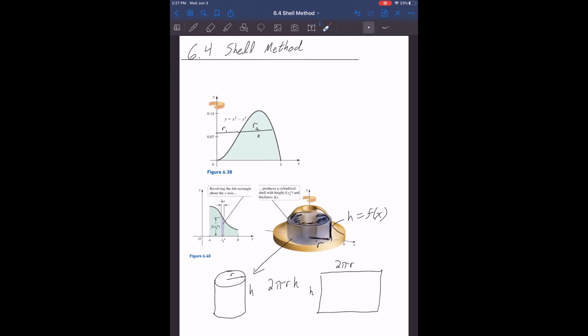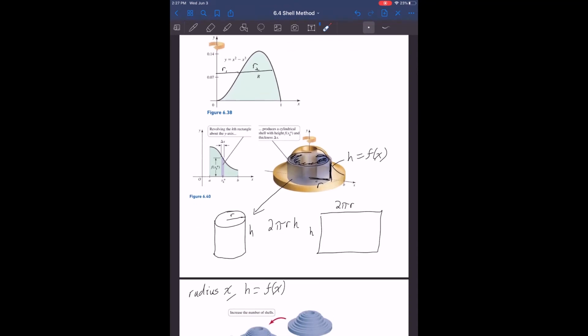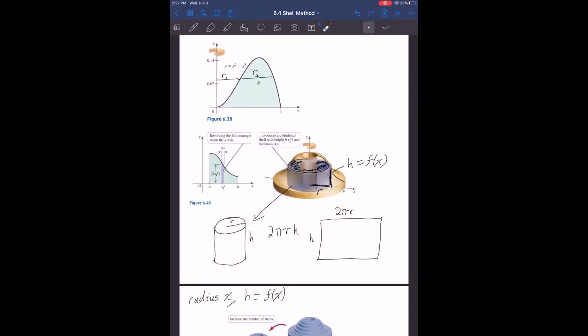So this in particular is going to occur when you are revolving around the y-axis and have some function that's going to be hard to find the inverse of. That's going to be the first reason you would use the shell method.